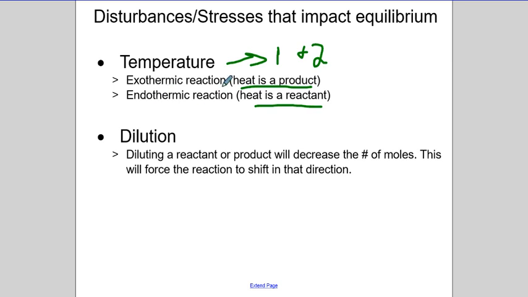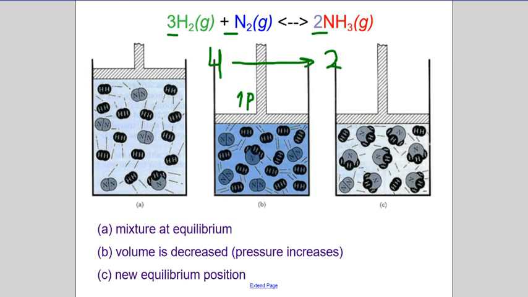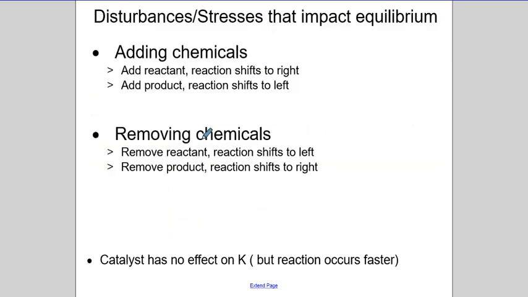So if it's exothermic, that means heat is a product. So if we increase the temperature of an exothermic reaction, well, if we go back to adding chemicals, heat is a product and we're adding heat, so we just added a product, so it's going to shift left. If it was endothermic, heat would be a reactant.